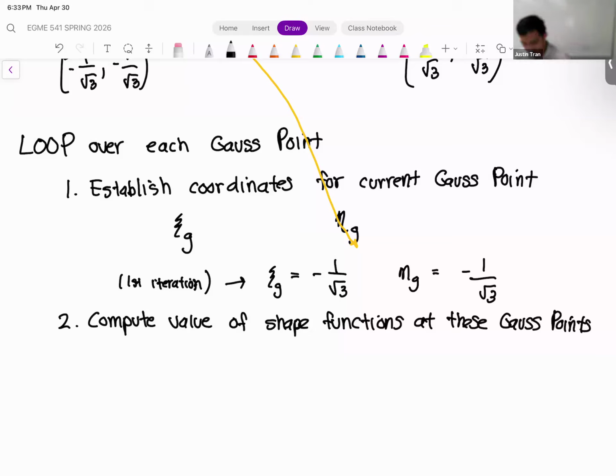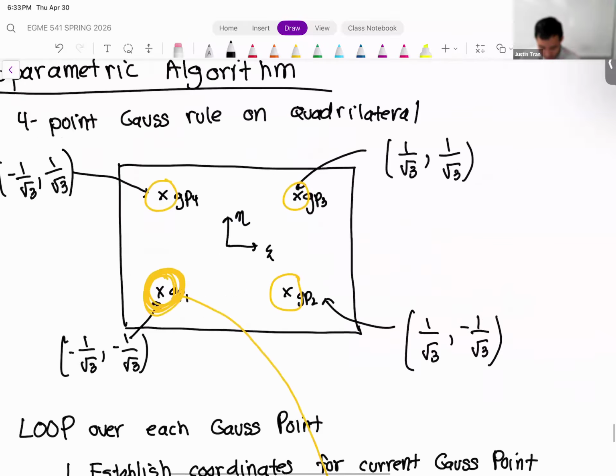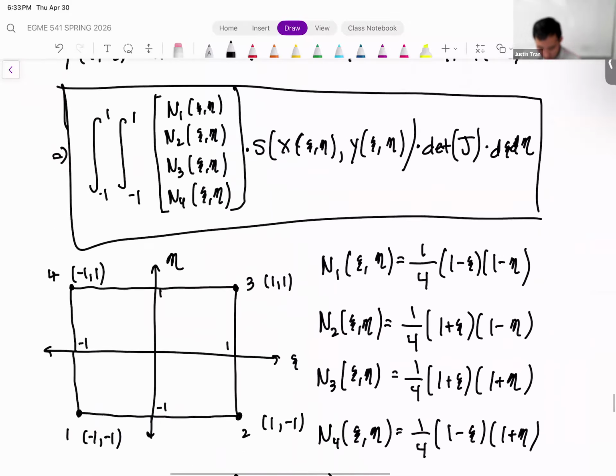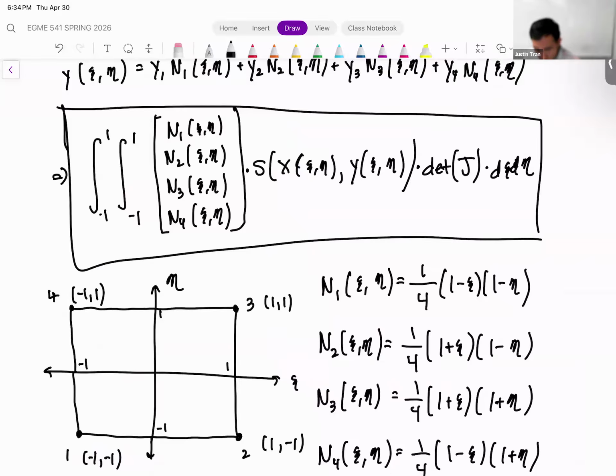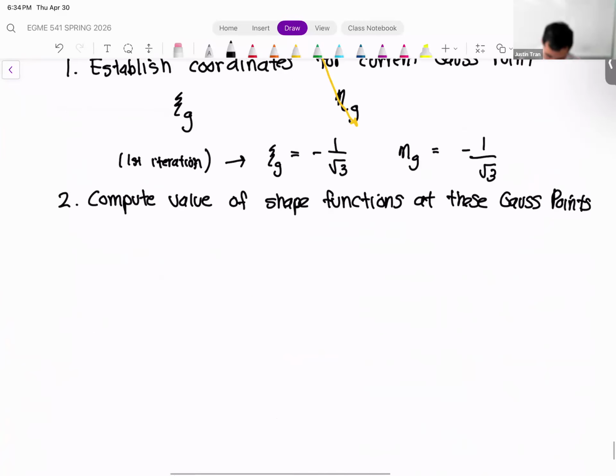Now that we know what to plug in for epsilon and eta, we're going to plug those in to compute the values of the shape functions. If you look back a little bit, we have integrals where we have to plug in values for the shape functions N1, N2, N3, N4. So let's plug in for that right away here.